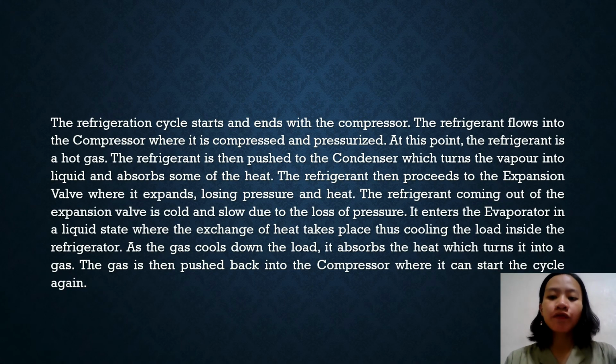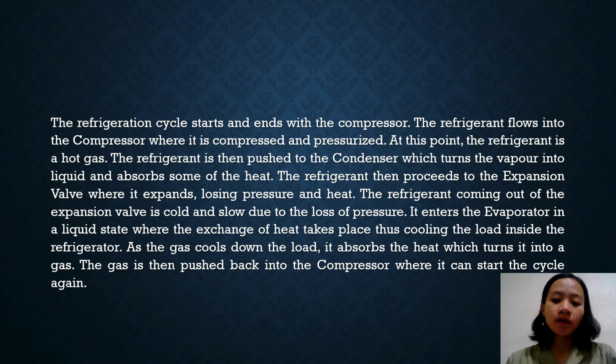The refrigerant flows into the compressor where it is compressed and pressurized. At this point, the refrigerant is a hot gas. The refrigerant is then pushed to the condenser, which turns the vapor into liquid and releases some of the heat. The refrigerant then proceeds to the expansion valve where it expands, losing pressure and heat.